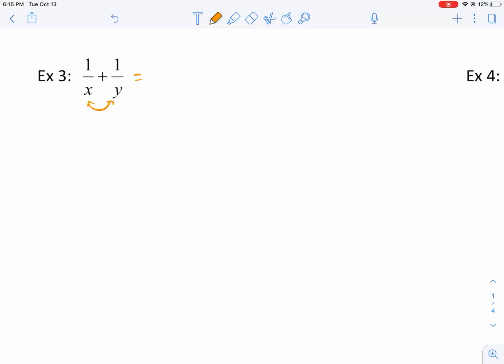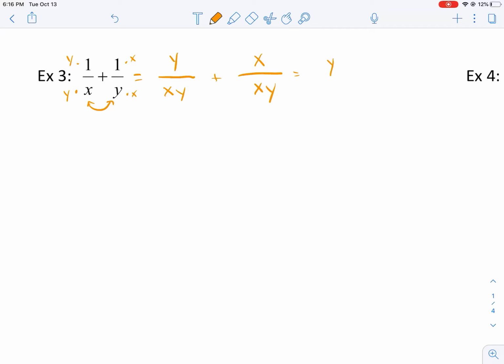So the only option we have in order to find a common denominator is to multiply those two pieces together: x times y and x times y. Now we have to think about how I got that. Well, I had to multiply the left expression, top and bottom, by y. And then over here, multiply the top and the bottom by x.